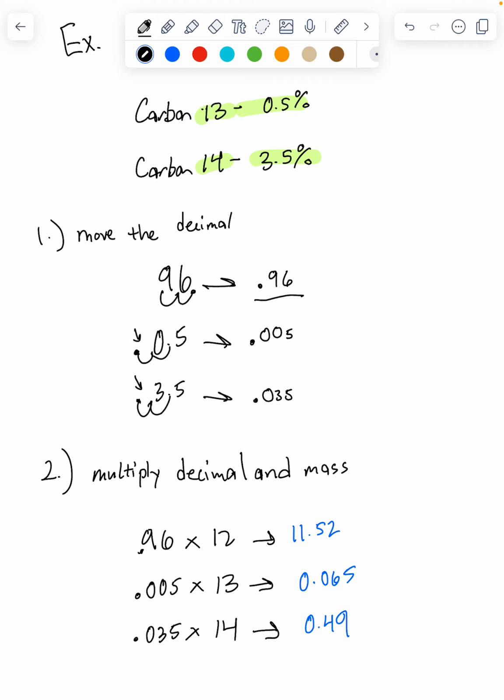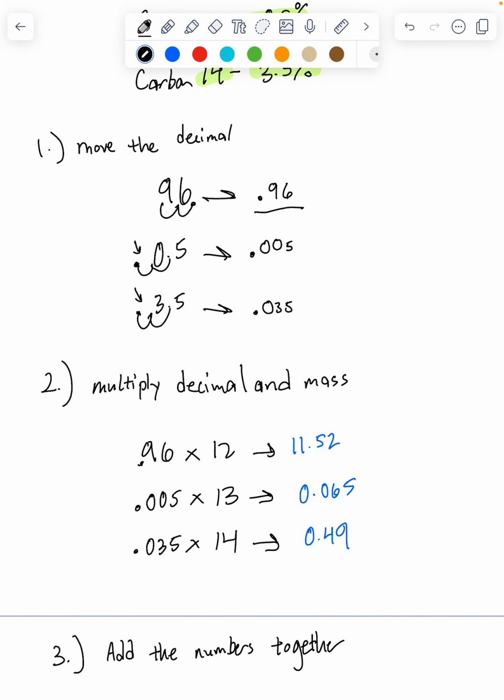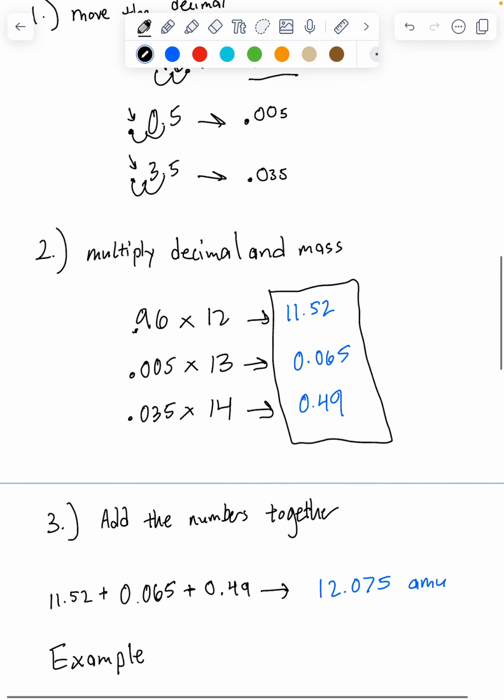And lastly, we have 0.035 times 14, giving you 0.49. That is step two. To solve for step three, you just add those three together. So we add 11.52 plus 0.065 plus 0.49, you get 12.075 AMU.